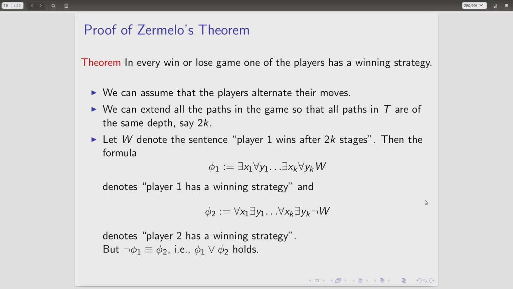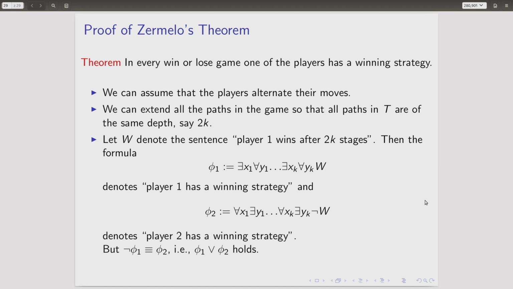And now I write a sentence that player 1 wins after 2k stages. I write it using quantifiers. So it is the following formula. There exists, forgive me for embellishing this boring formula, a marvelous first move x1 of the first player.